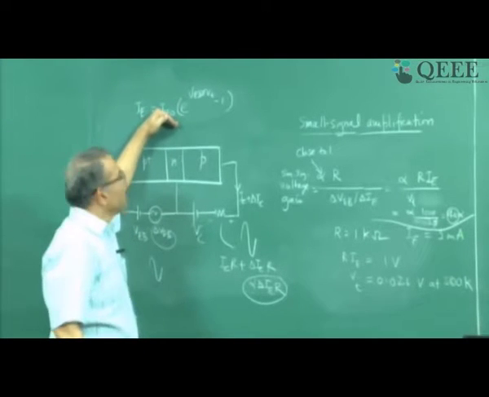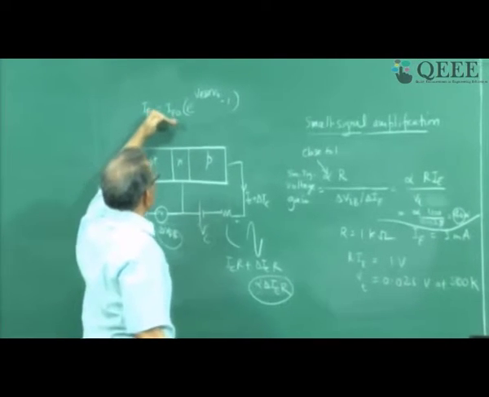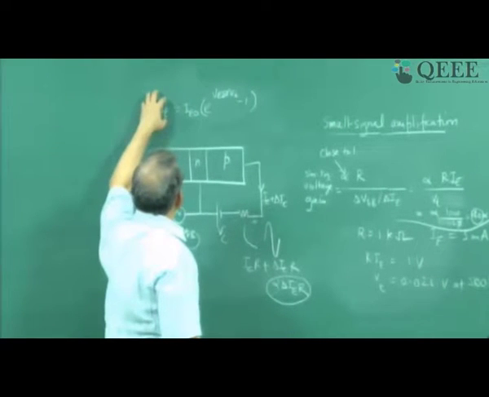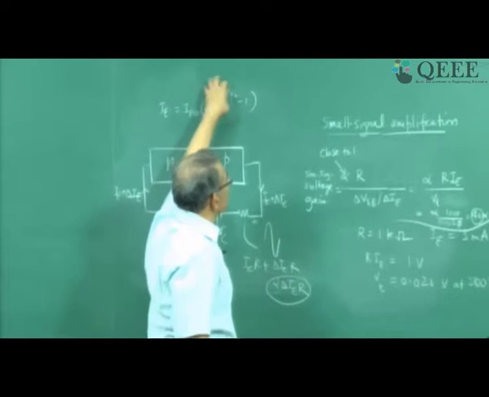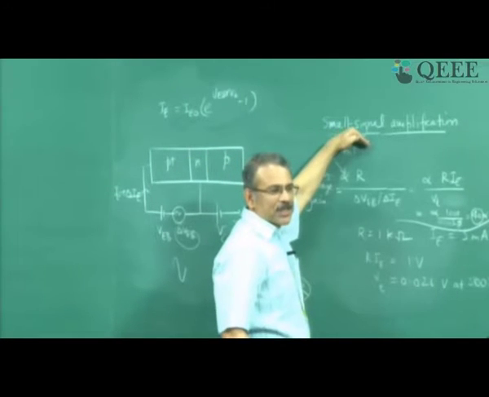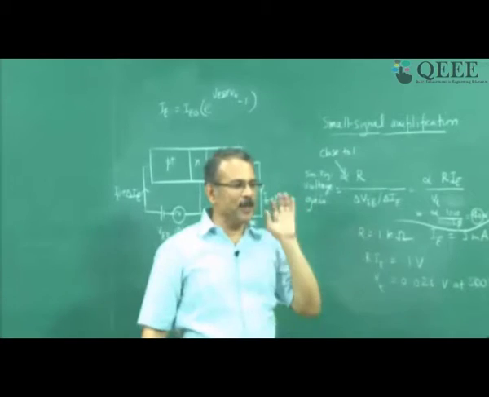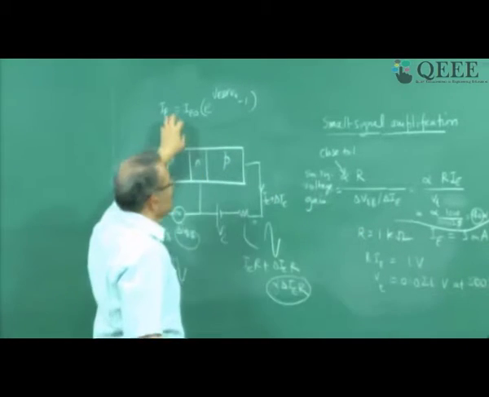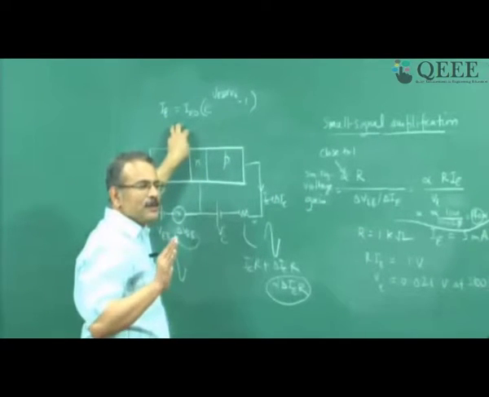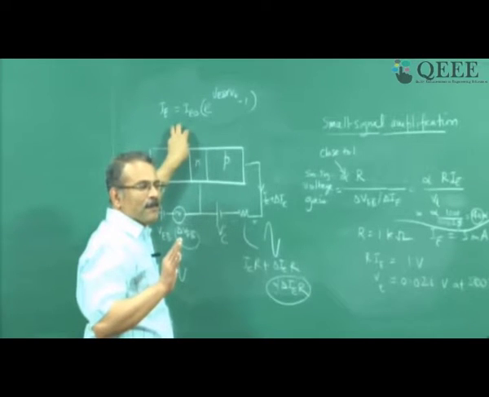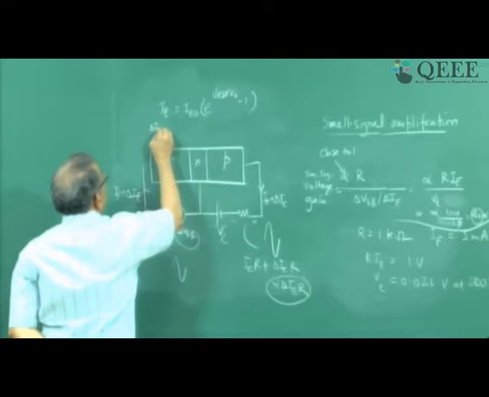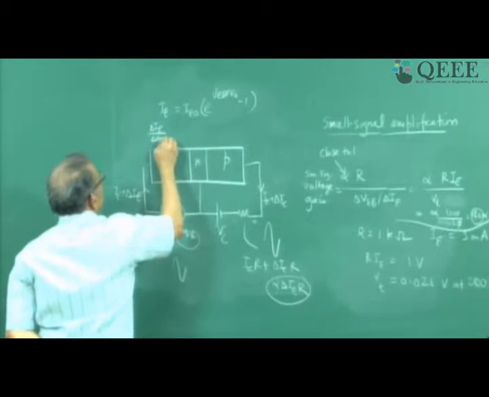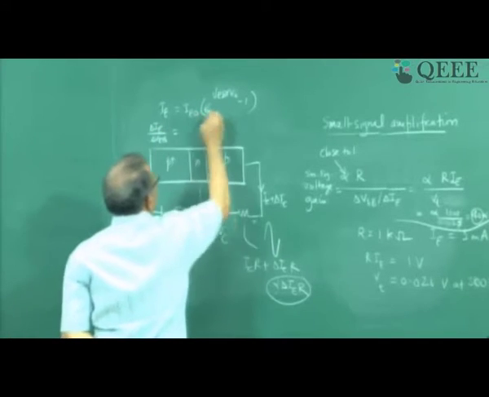Now, based on this equation, if I want to know how much change in IE will be there because of change in VEB, why do we take changes? Because we want small signal amplification. If I want small signal amplification, I should talk about small changes. Is that clear? So now, if you calculate delta IE for a change delta VEB, you differentiate this.